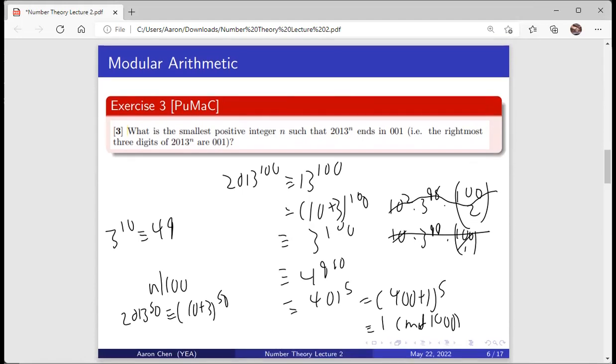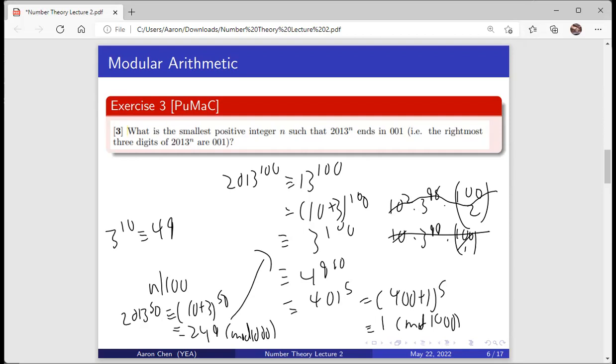And then you just do steps quite similar to the one over here. And you eventually get that this is congruent to 249 mod 1000. This is basically just mostly copying.